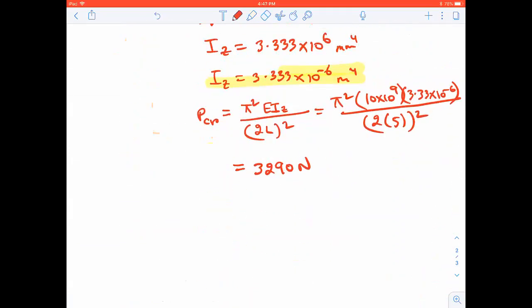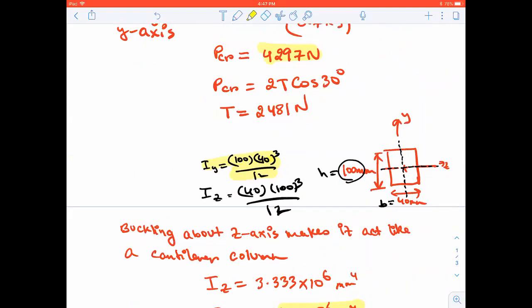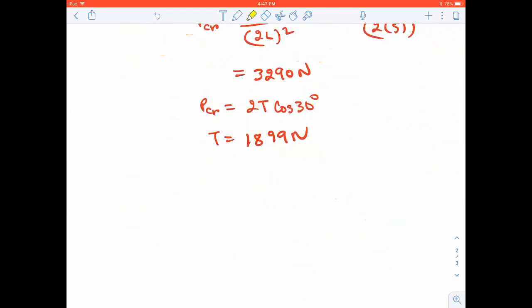So we know that obviously PCR is equal to 2T cosine 30 degrees. If you calculate it, you have two tension values: one is 2,481 and the other is 18,099.